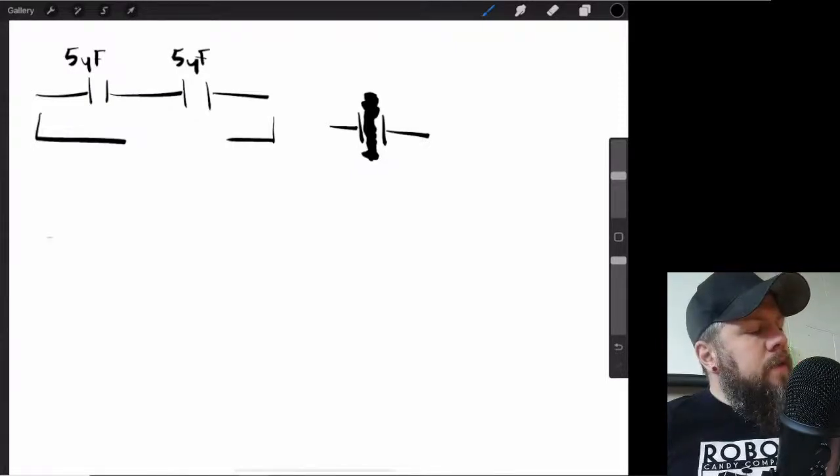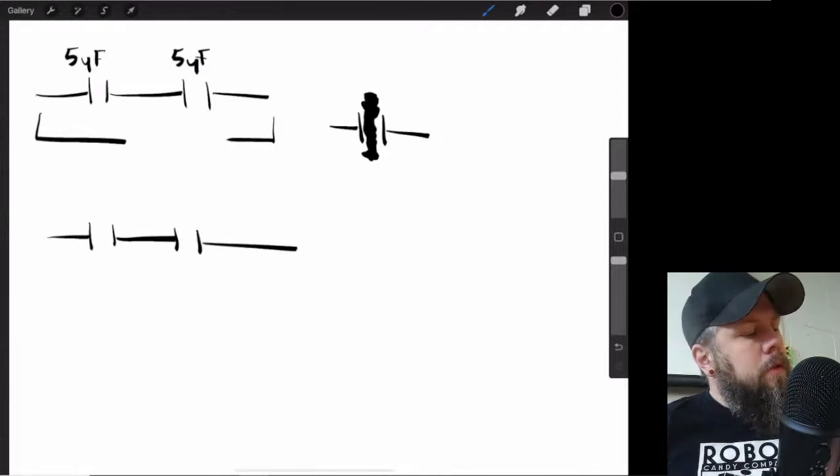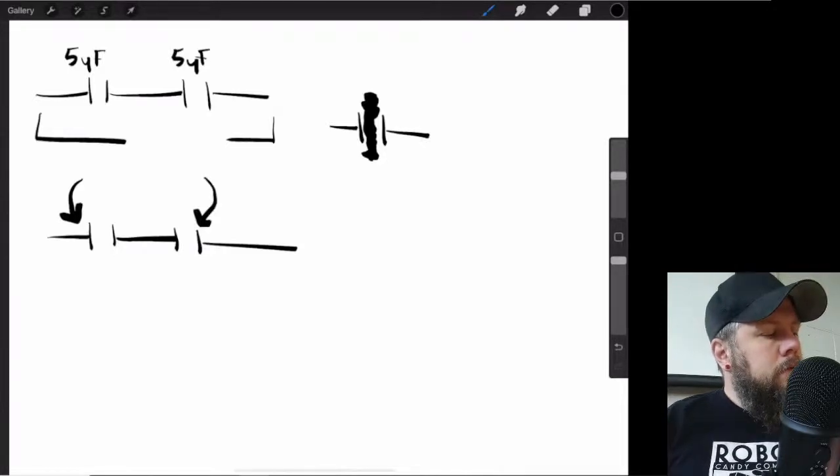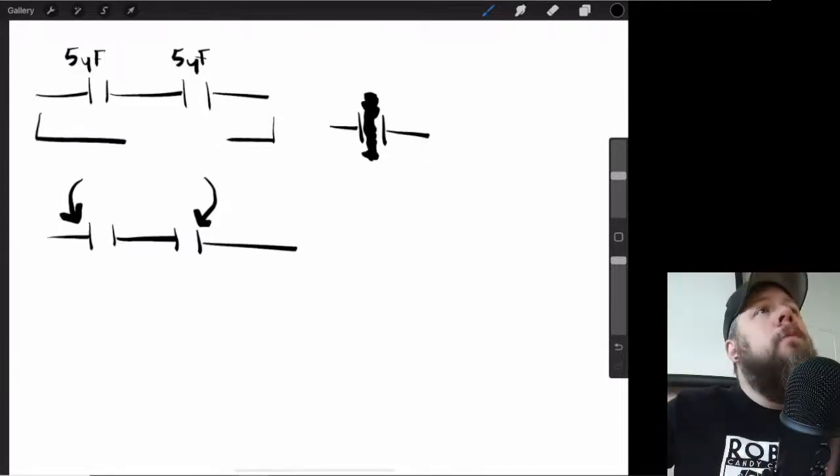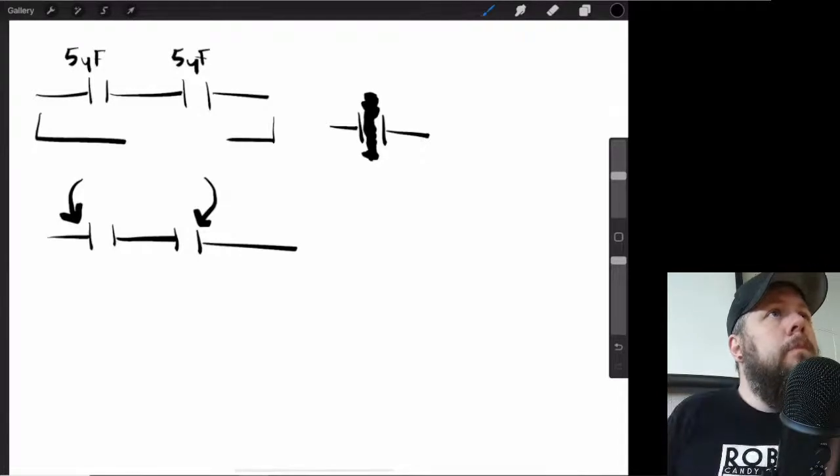When we do this, we effectively have a plate and a plate, and we're making them farther apart. So we actually reduce the capacitance when we put them in series. Okay?